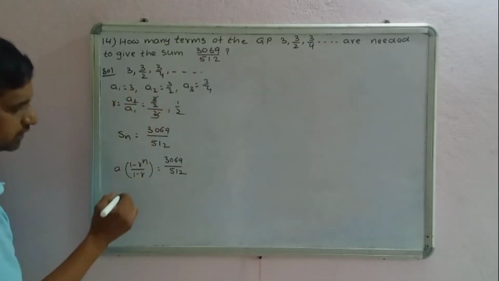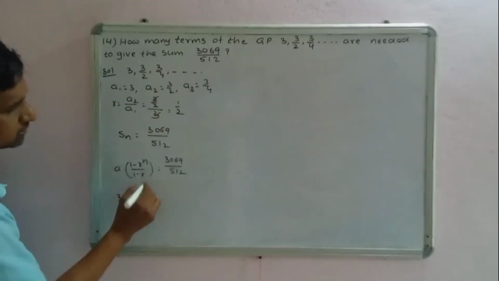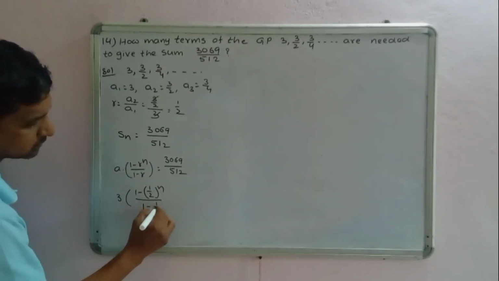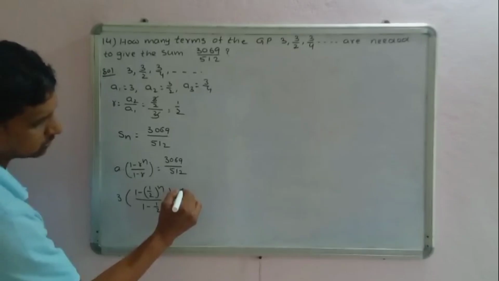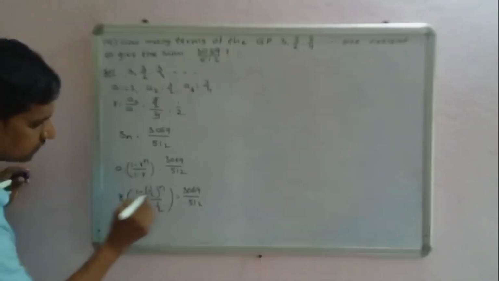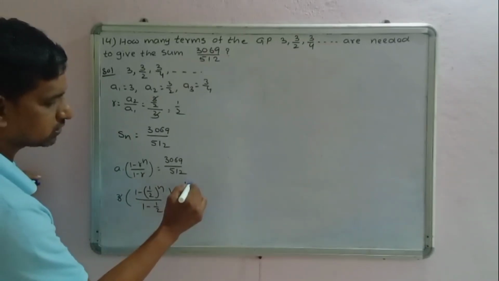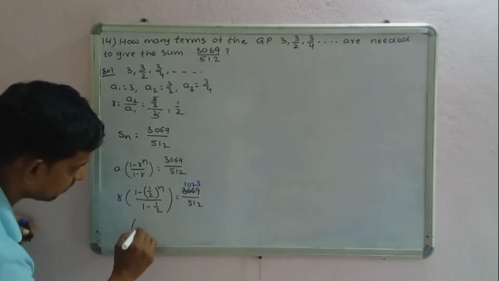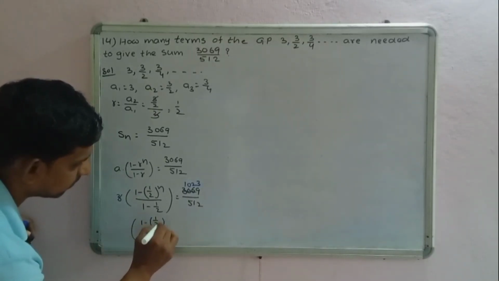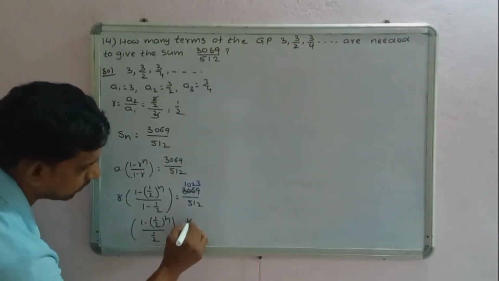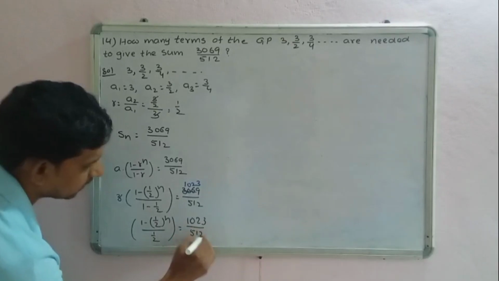Here A value is 3. 3 into 1 minus R value half power n by 1 minus half, that is 1 by 2, equals to 3069 by 512. Observe that here 3 how many times? 3 1s are 3, 3 zeros, 3 2s are 6, 3 3s are 9, so 1023. That equals to 1 minus 1 by 2 power n by 1 minus 1 by 2, 1 by 2, equals to 1023 by 512. Okay.